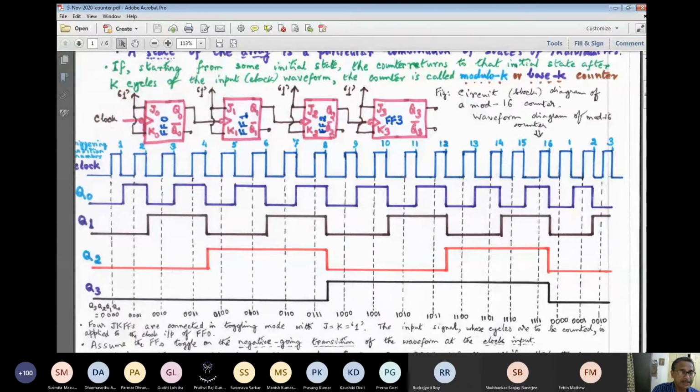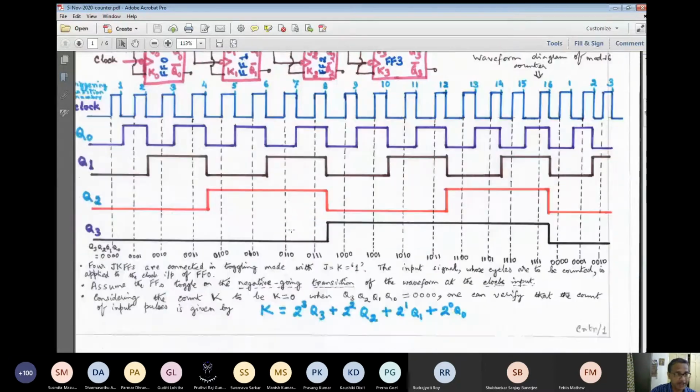That means the transition, if at all, will occur at the outputs of all the flip-flops at the same point of time, in synchronism with some important event in the primary clock signal. Here, for example, if they are negative edge triggered, and if we would have cut off this connection and connected this clock signal to the clock inputs of all the flip-flops, then the counter would have been called a synchronous counter. But at the present instant, it is an asynchronous counter.